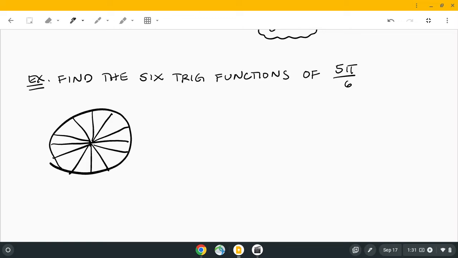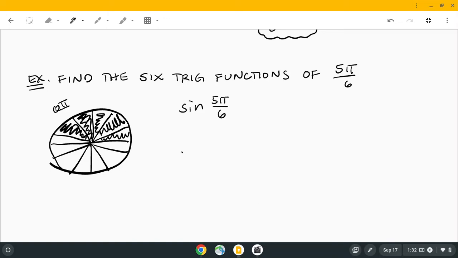Okay, we want 5, 6. So that's 1, 2, 3, 4, and 5. Okay, so we land here in quadrant 2, right? So keep that in mind when we find the 6 trig functions.